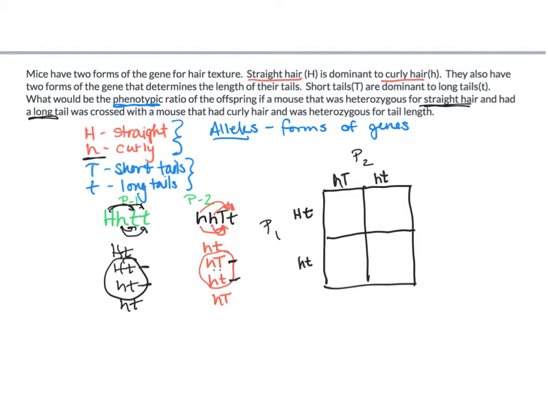So let's do this. So we have big H, big T, little t. Here we have big H, little t, little t. Here we have little h, little t, little h. I'm going to put those together.